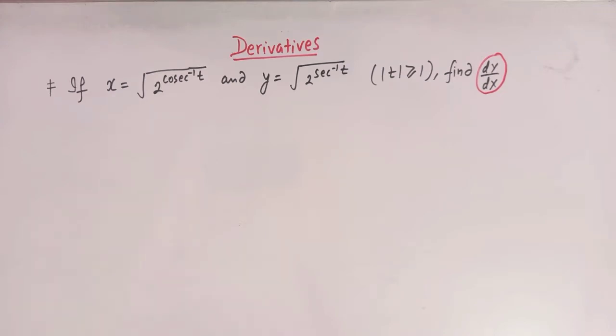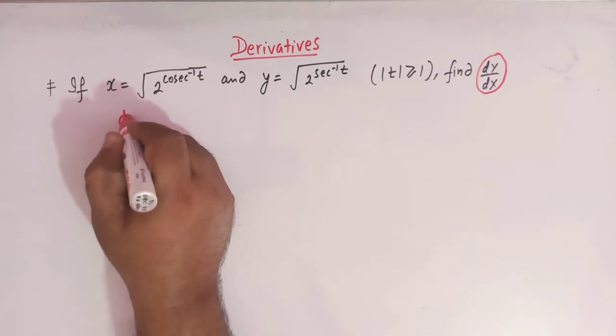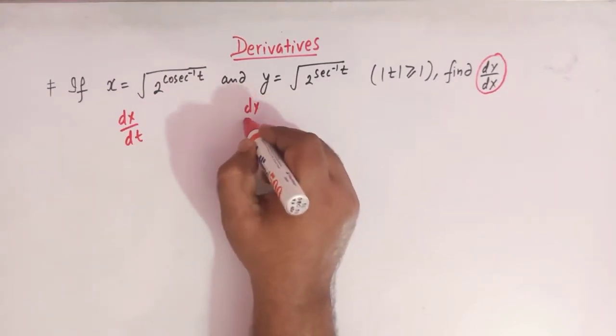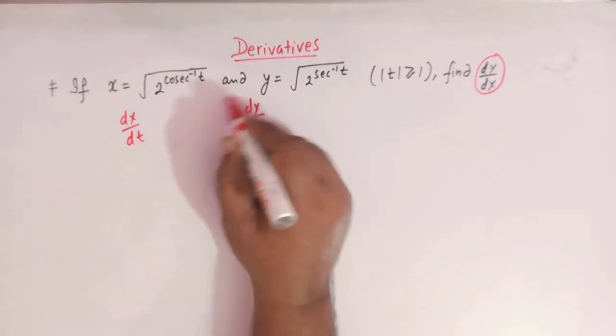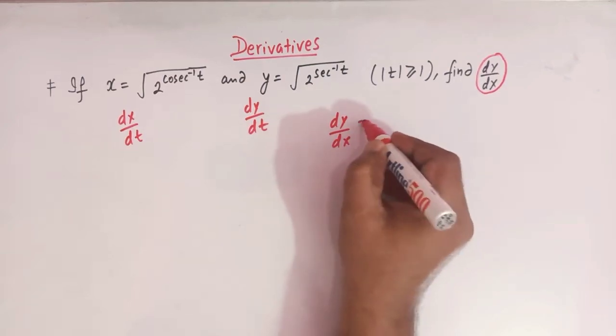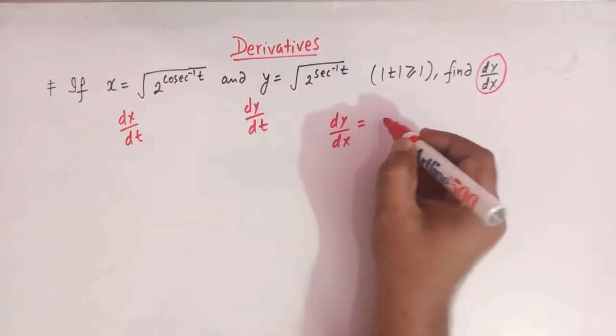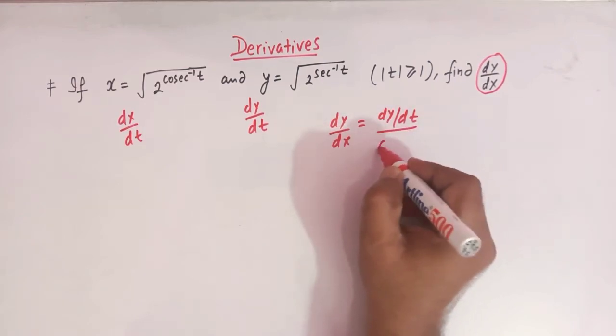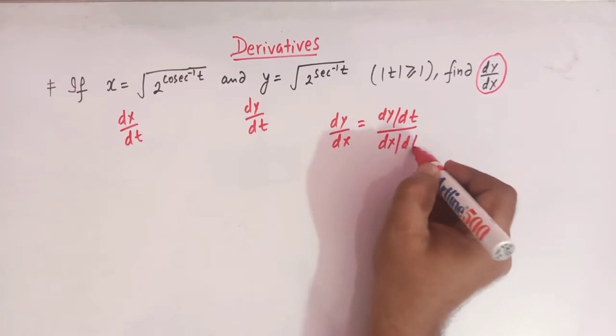So in parametric differentiation, we first find dx over dt, and then we find dy over dt, and dy over dx can be obtained by taking the quotient of dy over dt divided by dx over dt, right?